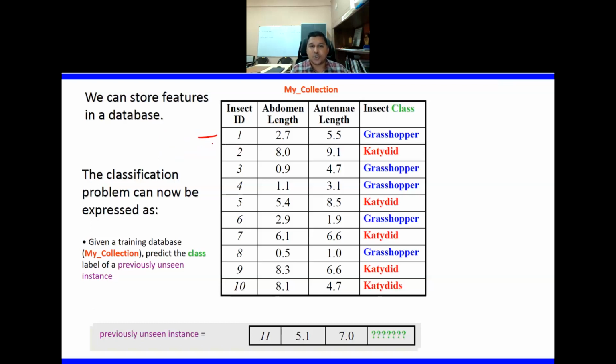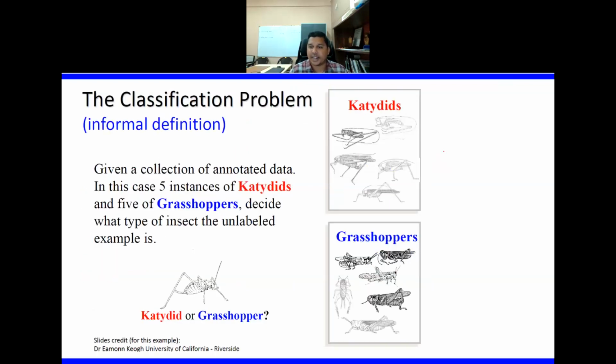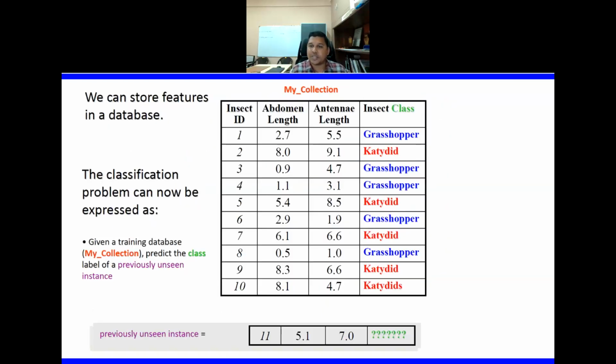So for insect 1, if it is 2.7 and 5.5, it is of type B, grasshopper. If it is 8 and 9, it is katydid, type A. This is the data we observed from the given data set. We extracted their features and got this table. You have some existing data, your ML data.